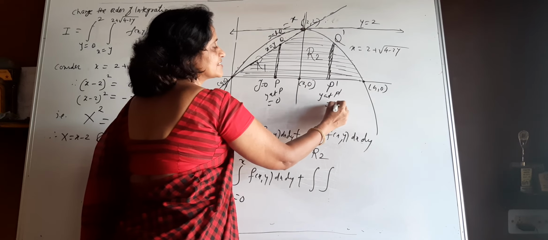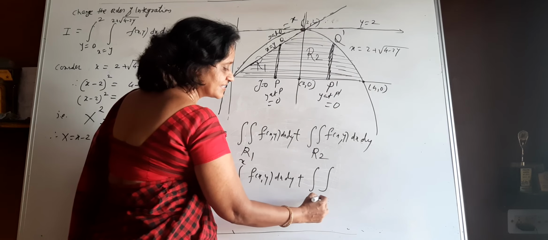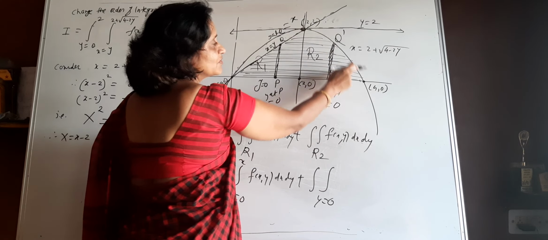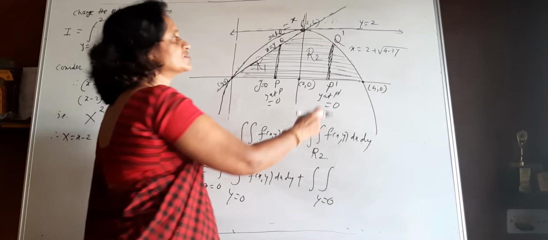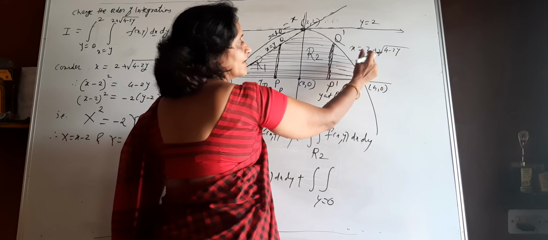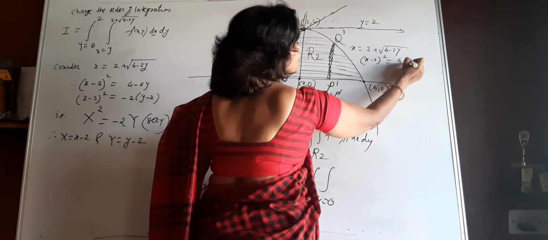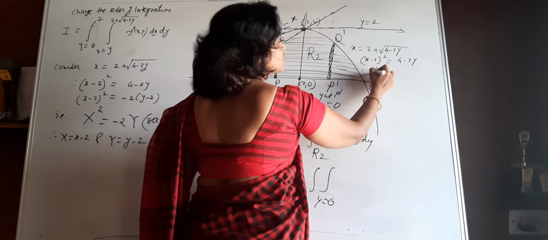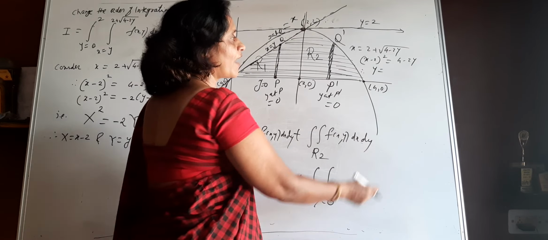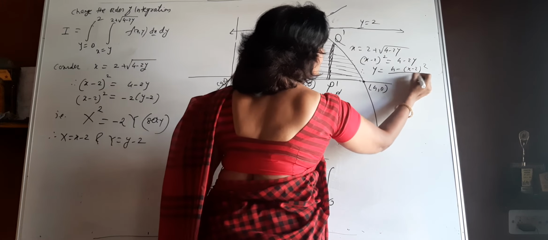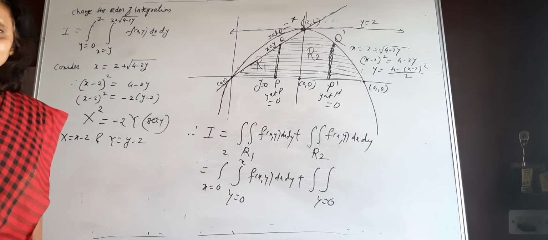What is y at P dash? Again it is 0, and y at Q dash. Look at this now. You need to simplify for y. You can see here (x minus 2) whole square is 4 minus 2y. So what will be your y? y will be (4 minus (x minus 2) whole square) upon 2.